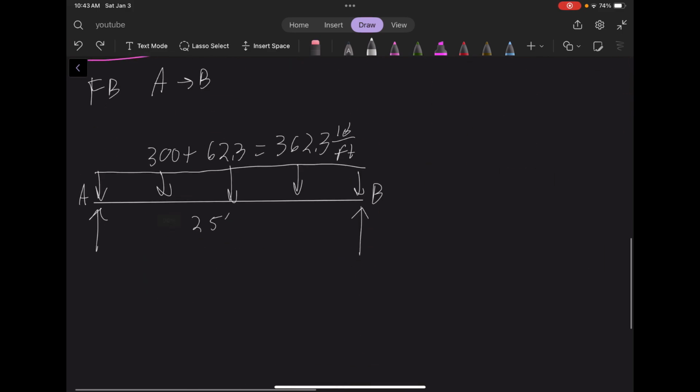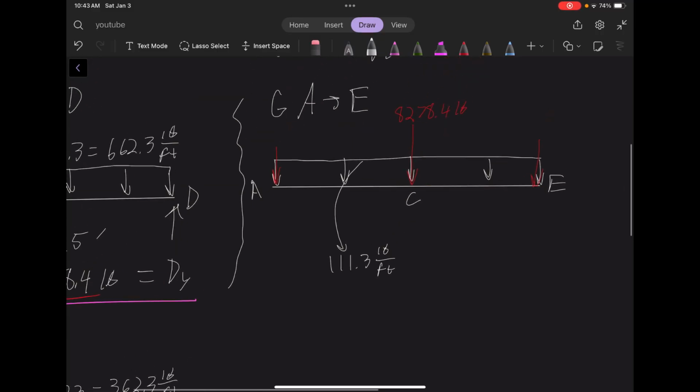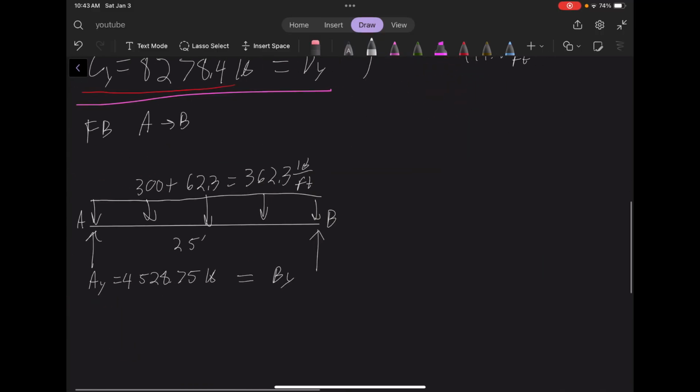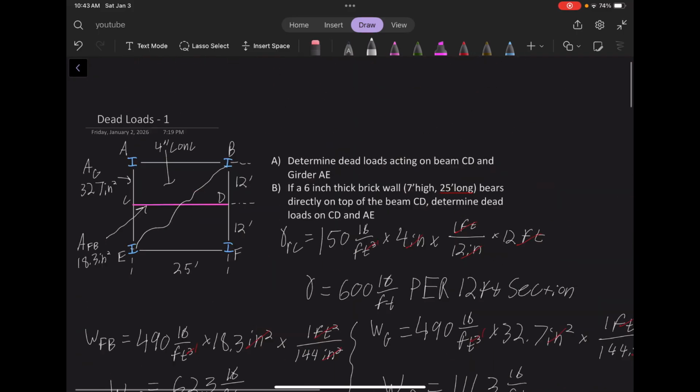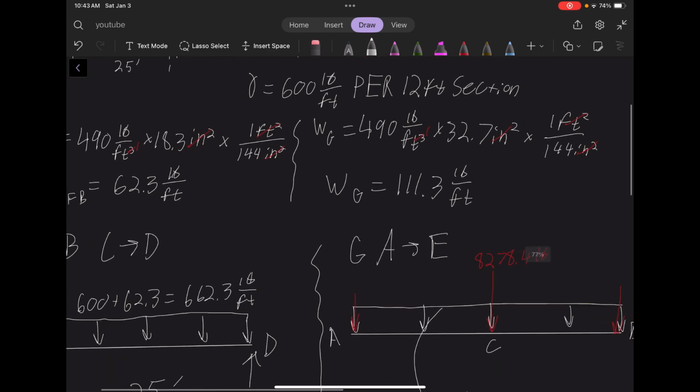Okay, so Ay is equal to 4,528.75 pounds, which is equal to the reaction at B. So now we know what numbers to put here, because like I said before, floor beam AB is the same as EF. I keep calling it floor beam. I know I'm wrong when I say that. I know in the problem they're girders.